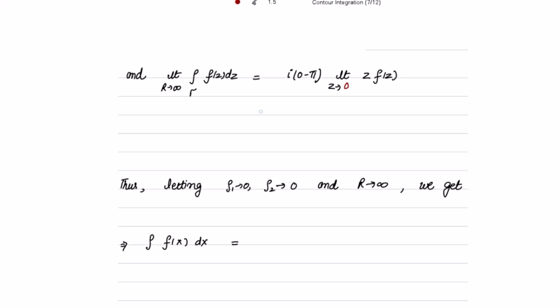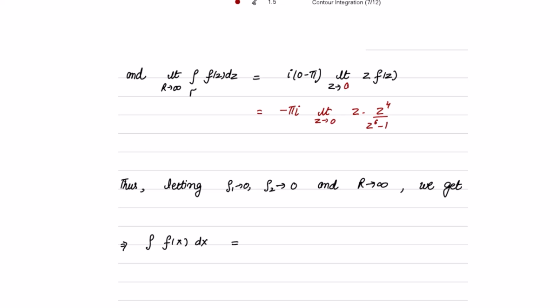So this is equal to minus pi iota limit z is tending to 0. This is z into z to the power 4 over z to the power 6 minus 1.